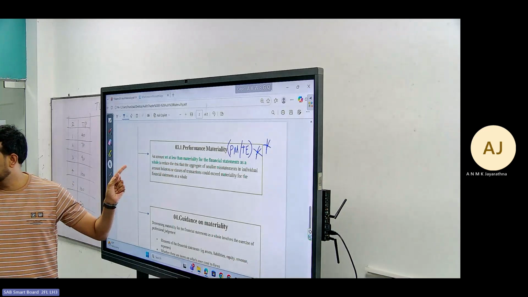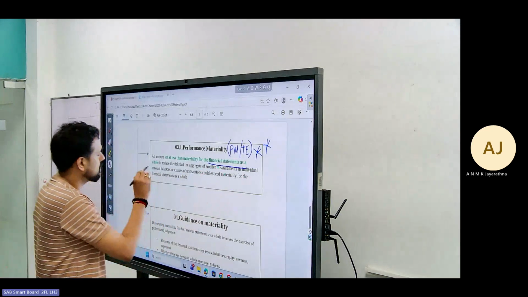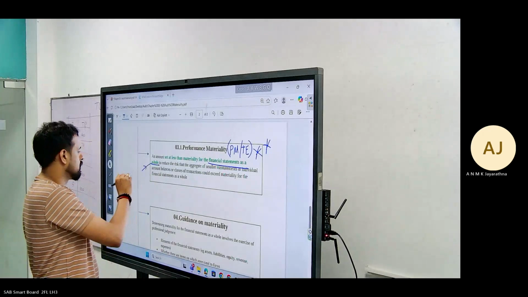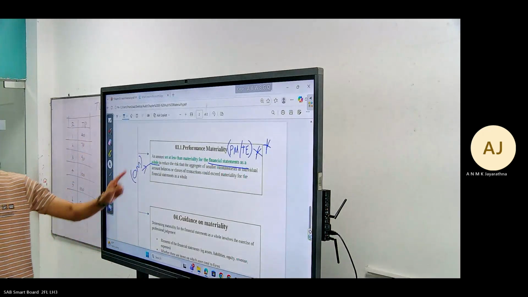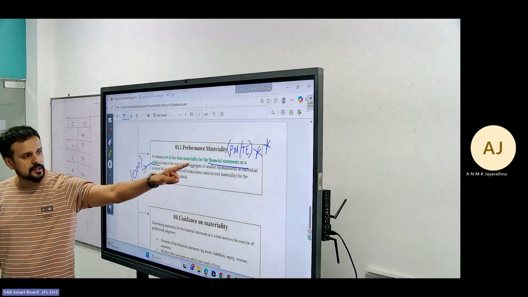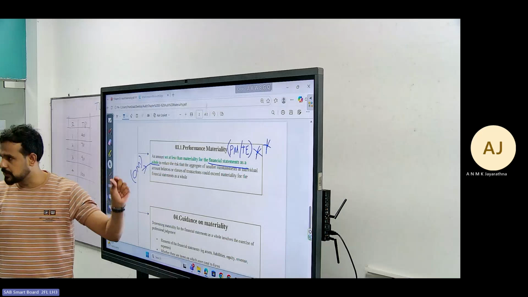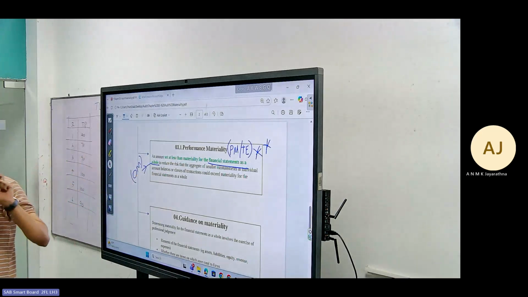What is meant by financial statements as a whole? Financial statements as a whole means OM. The simple words: an amount set less than the overall materiality.